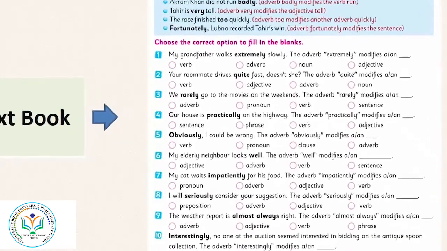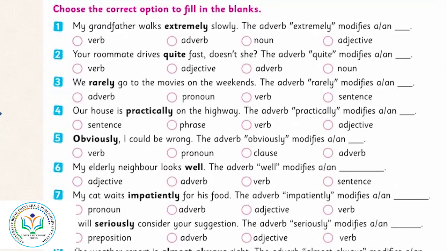This is your exercise on adverbs which we have discussed. Choose the correct option to fill in the blanks. My grandfather walked extremely slowly. The adverb extremely modifies a what?